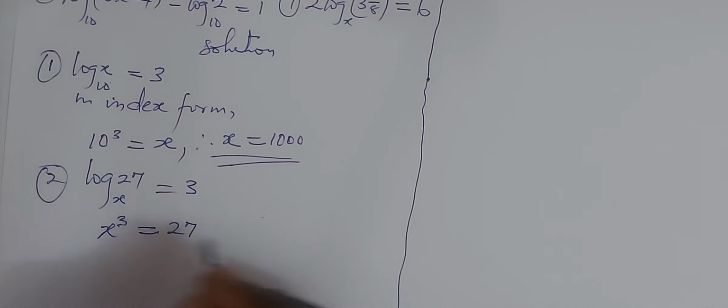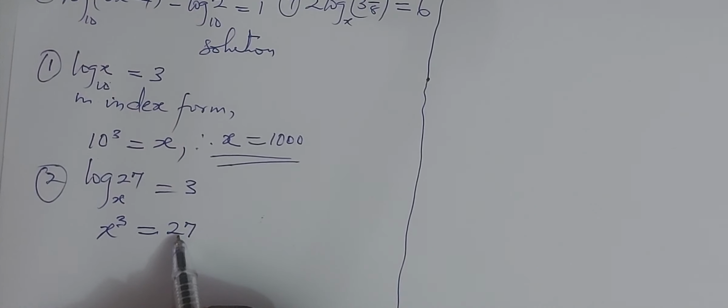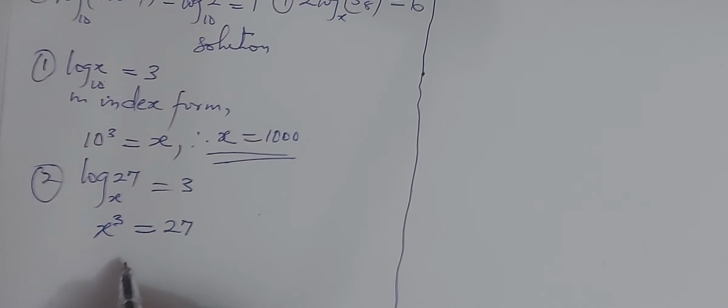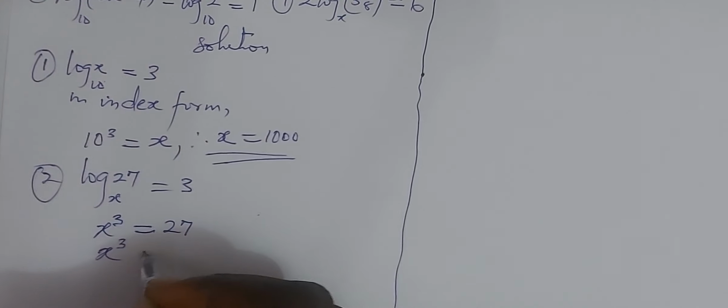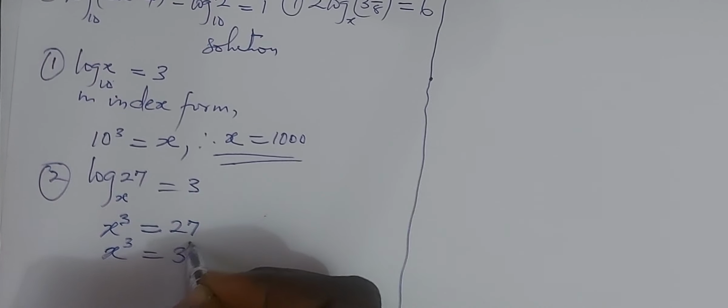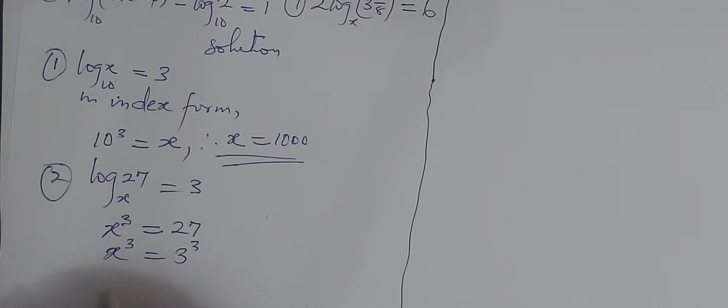You understand? So this straight away is an exponential equation. We find a number that when raised will give us 27. So let's look at 3. You have x raised to the power of 3 equals 3 raised to the power of 3, which will give you 27.